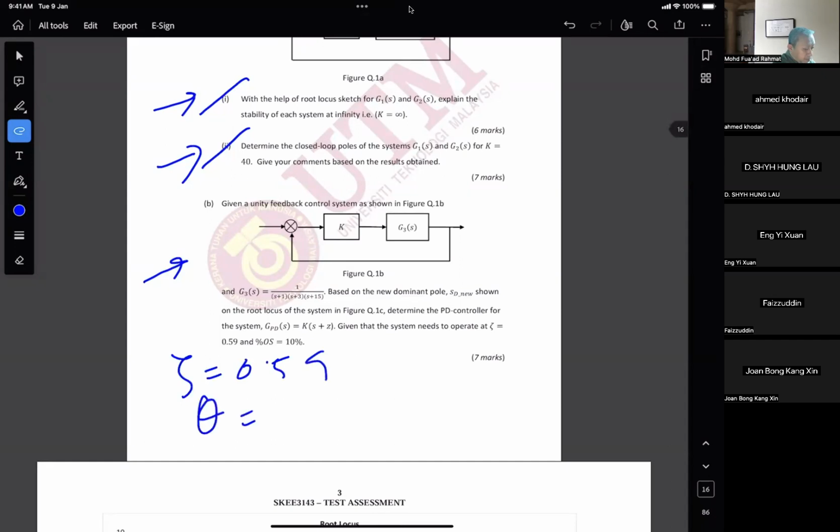Fazudin, tolong kira kan angle. Inverse cos 0.59 is 53.84 degrees. Right.